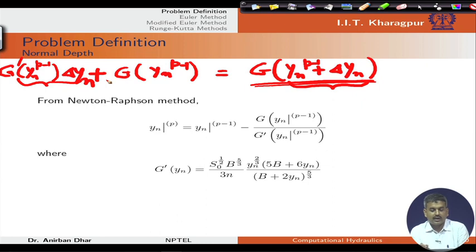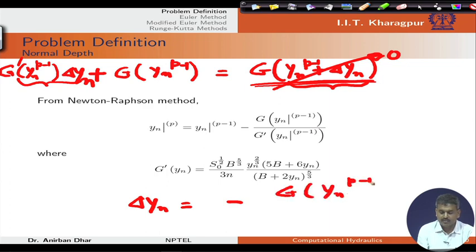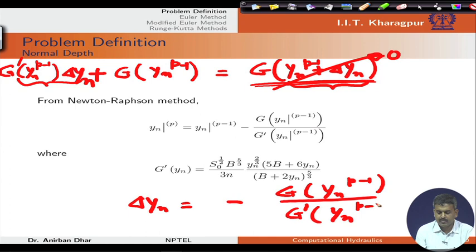Now, at the convergence point this should be 0. So, we can write y n equals minus g of y n p minus 1 divided by g prime of y n p minus 1.